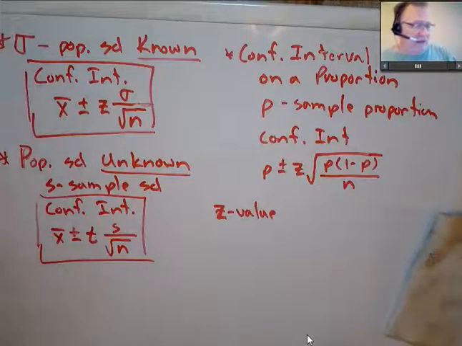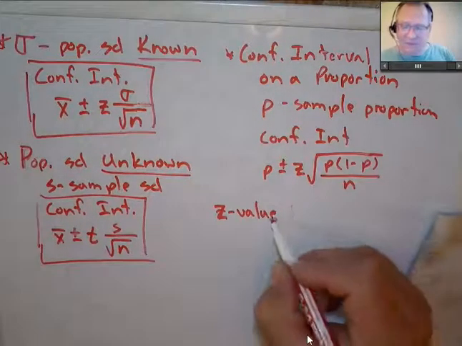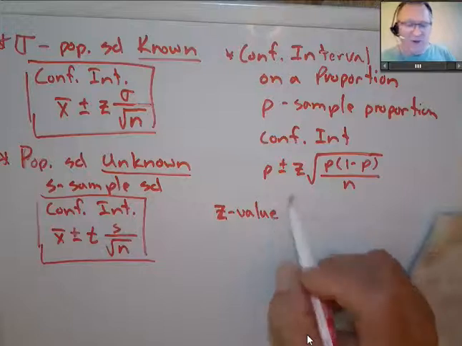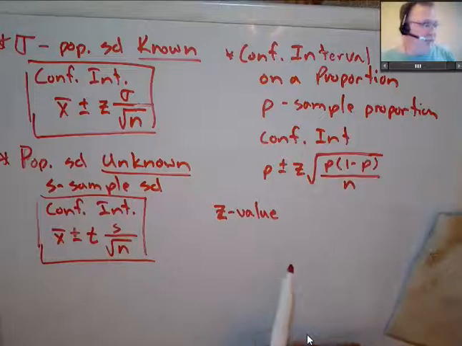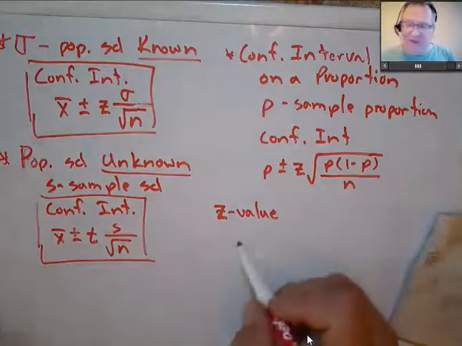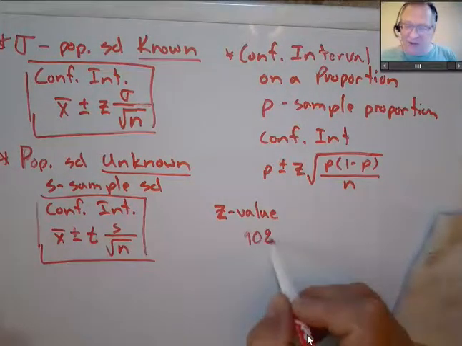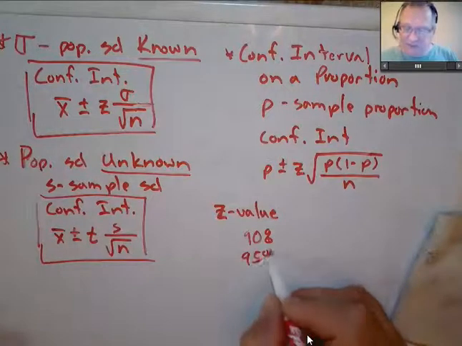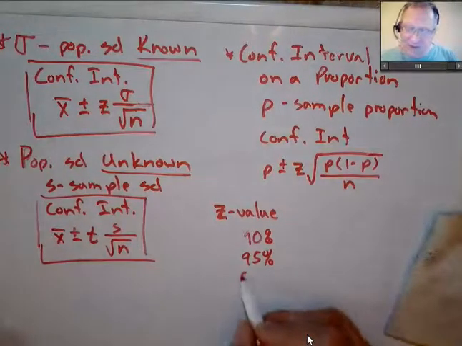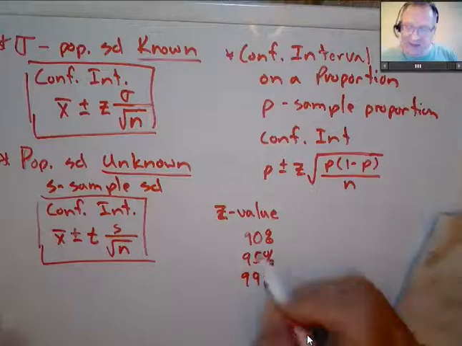And when we're calculating confidence intervals for where the standard deviation is known or for our sample proportions, there are some common z-values that we use all the time, and I'll just replicate what's in our text. These three are very commonly used.